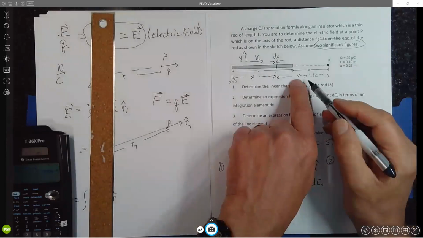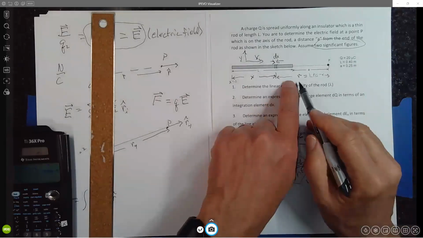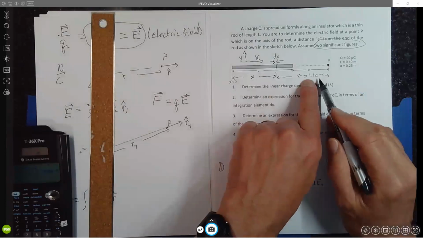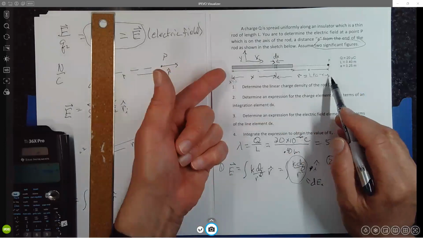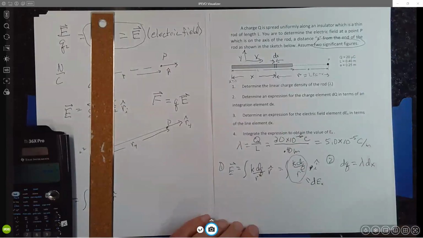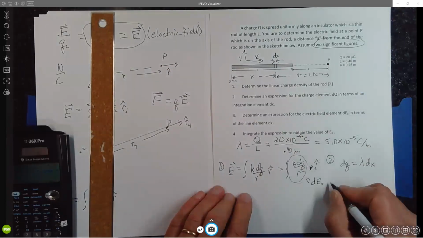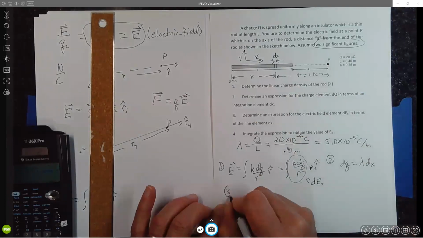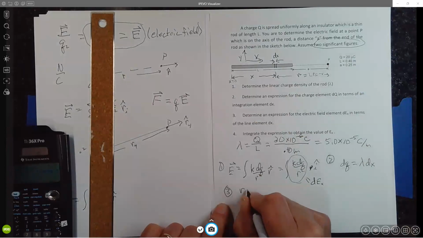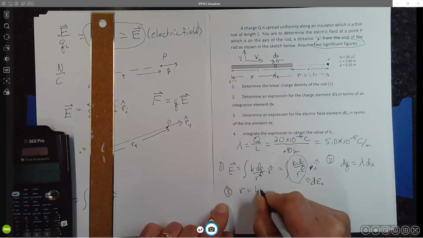If you add R to x, R plus x will equal L plus A minus x plus x, which is L plus A, and so that does make sense. So working on number 3, R is going to equal L plus A minus x.